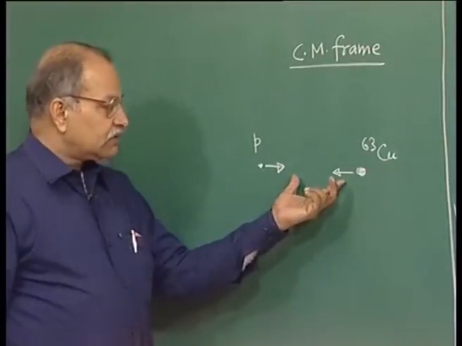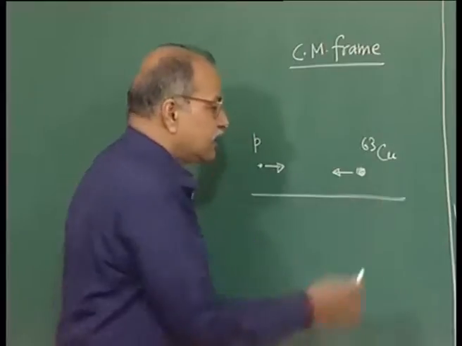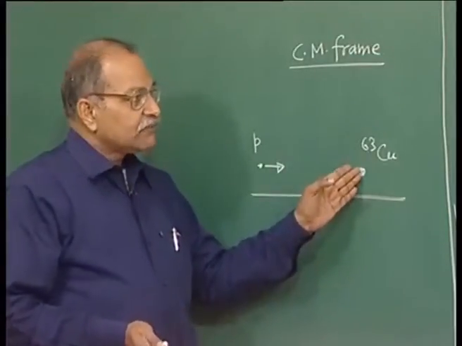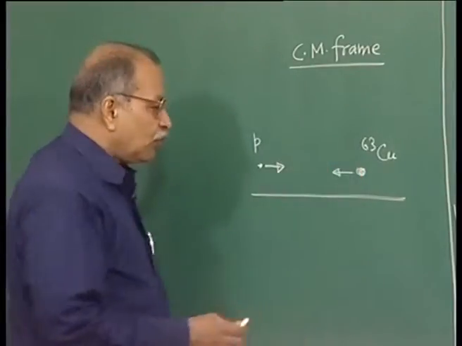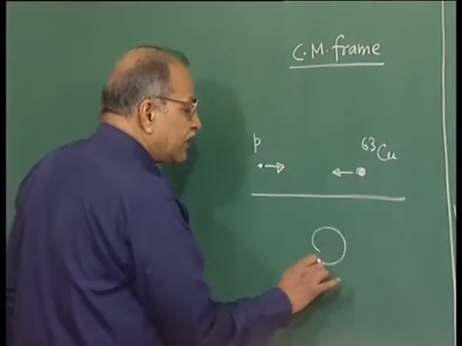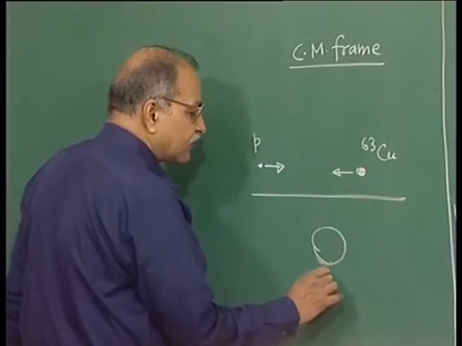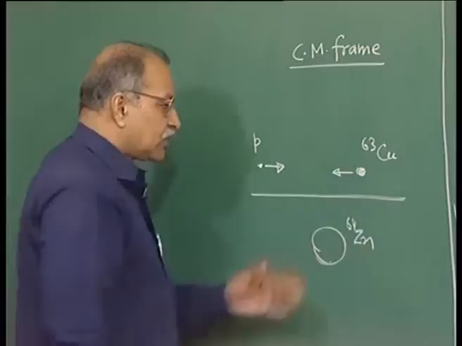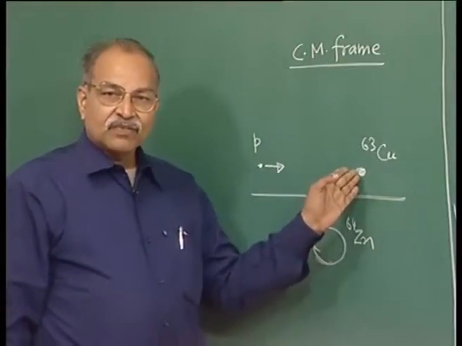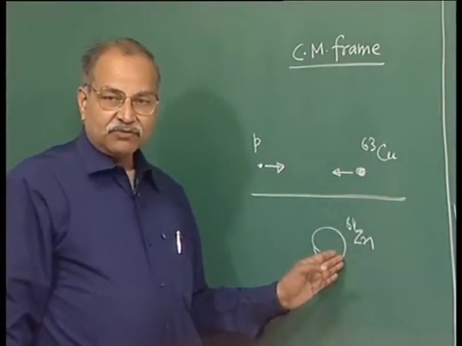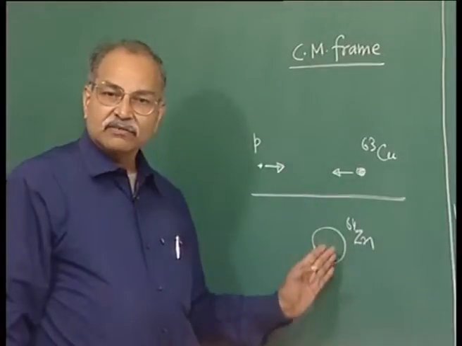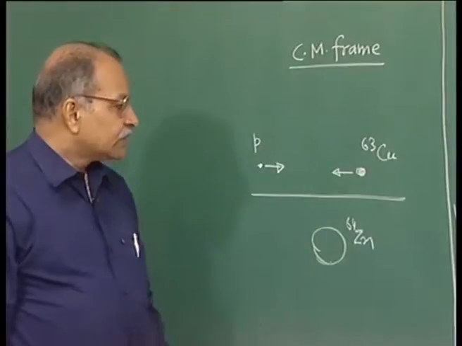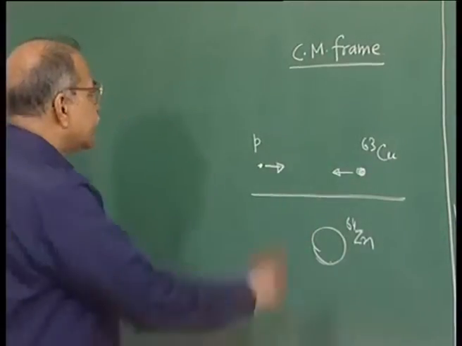That is before the event, and once the proton gets absorbed into the copper nucleus making 64 zinc, the whole particle should remain at rest in the center of mass frame, right, because the total momentum is 0. Since this is one single particle, it has to be at rest.